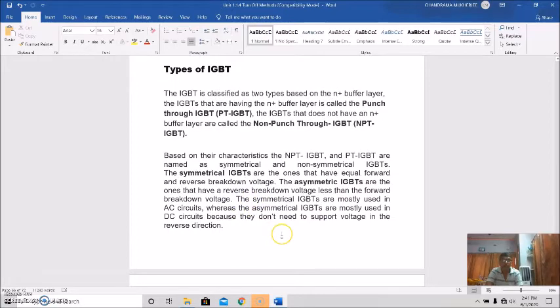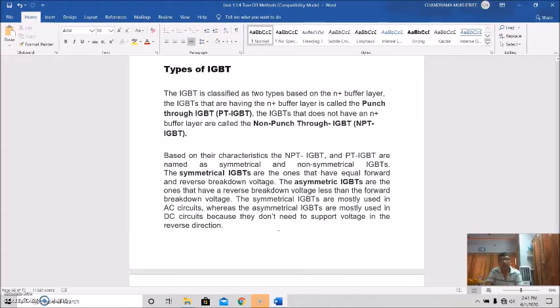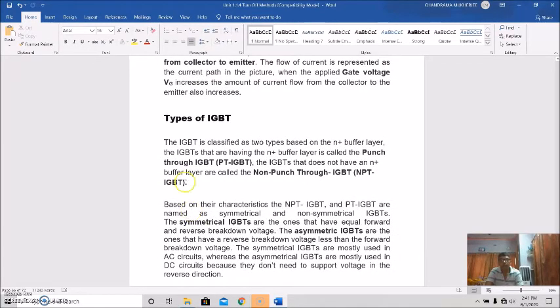Symmetrical IGBTs are mostly used in AC circuits, whereas asymmetrical IGBTs are mostly used in DC circuits because they don't need to support voltage in the reverse direction. So you get two types of IGBTs: one is punch through IGBT and another is non-punch through IGBT.